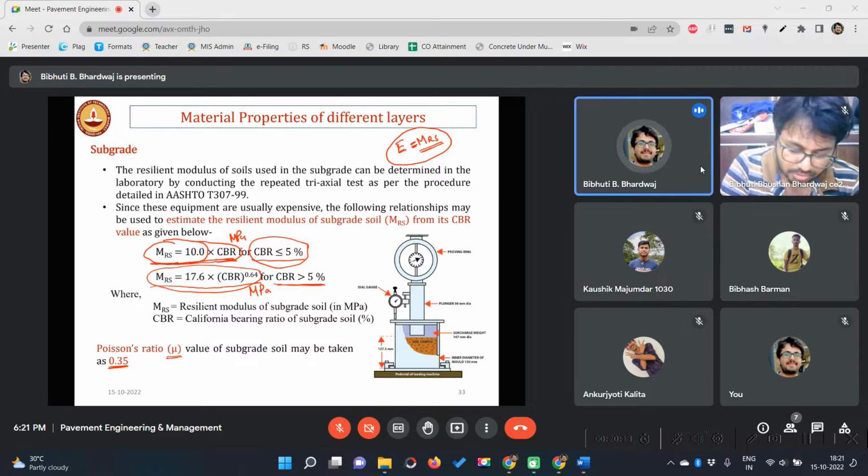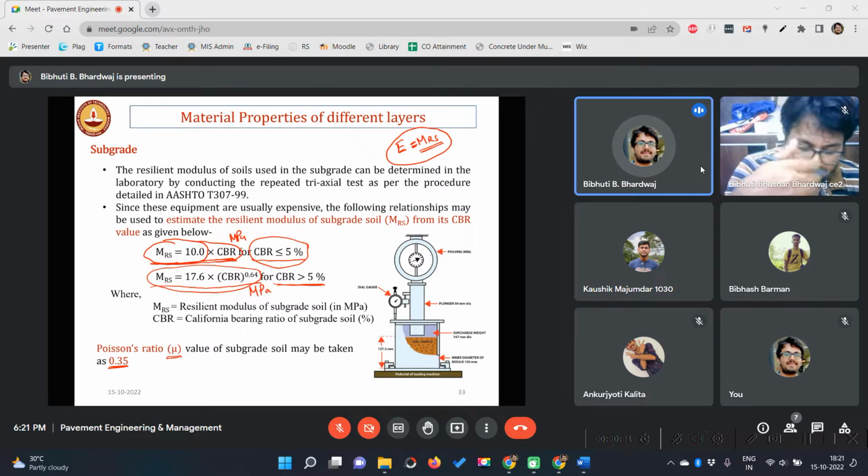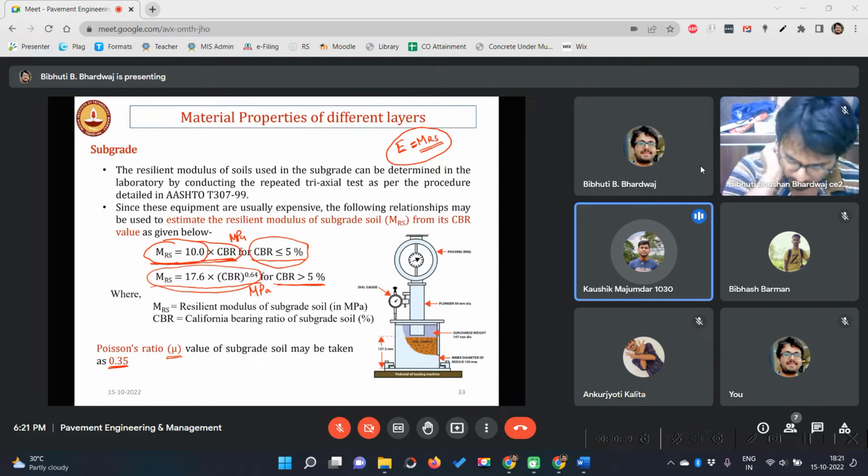Now, do you know how the CBR test is conducted? Have you performed the CBR test in the lab? Sir, using force or something. Yeah. So, what is the basis of this test? Like why is it called CBR? Any idea? Sir, it is the standard test in California.